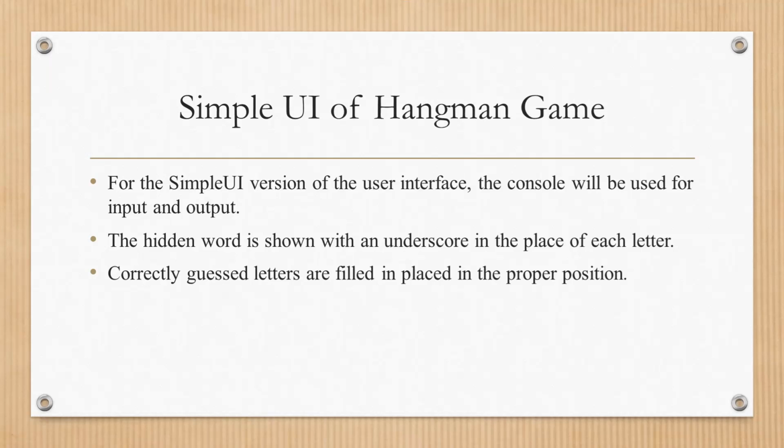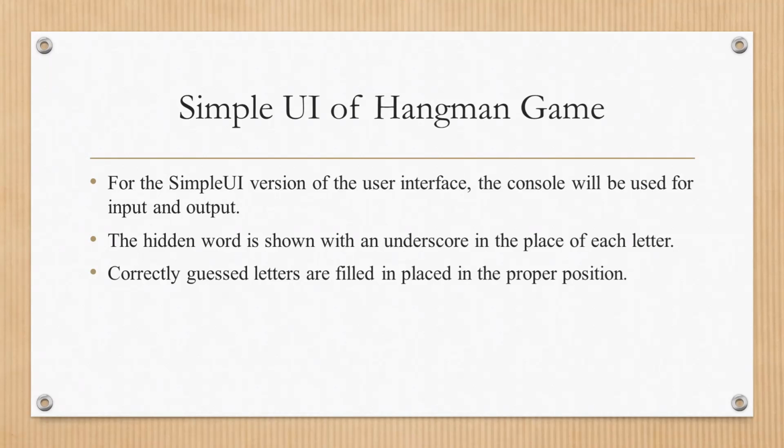Now I will tell what the simple UI of the Hangman game is. This user interface will be used for both input and output. There will be underscores available in the game, which is a default one built already, and the user has to guess the letters. If the letters are present in that particular word, they will be placed automatically in the proper position.